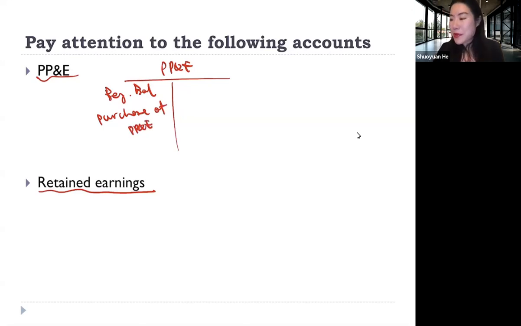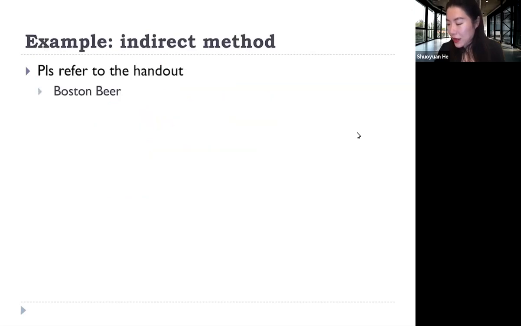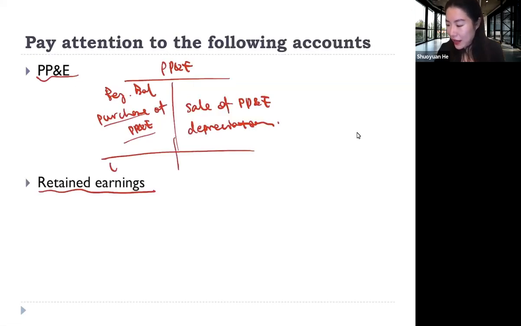The decrease in PP&E can come from two sources. One is the sale of PP&E. The other is accumulated depreciation. So after the purchase of PP&E, we're going to have an ending balance.